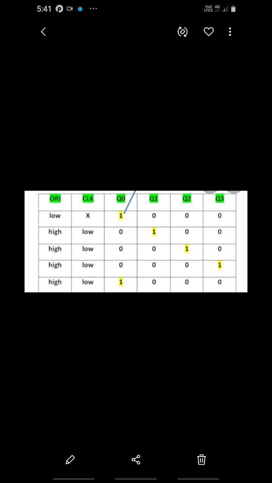And during the fifth clock pulse, the output is 0 0 0 0 0 1. And during the sixth clock pulse, the output comes back to the first position, that is 1 0 0 0 0 0.